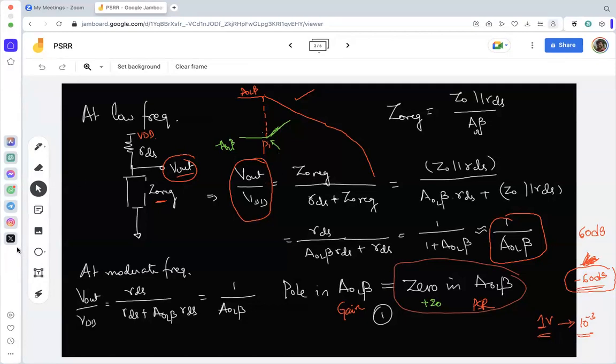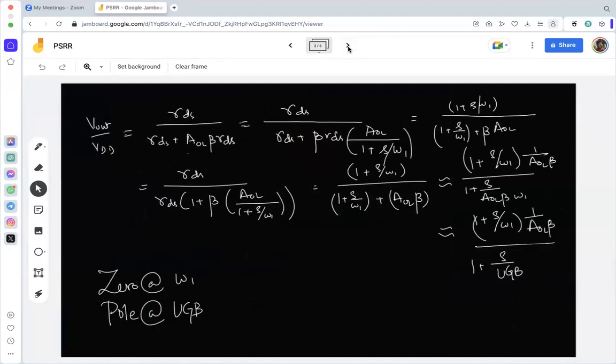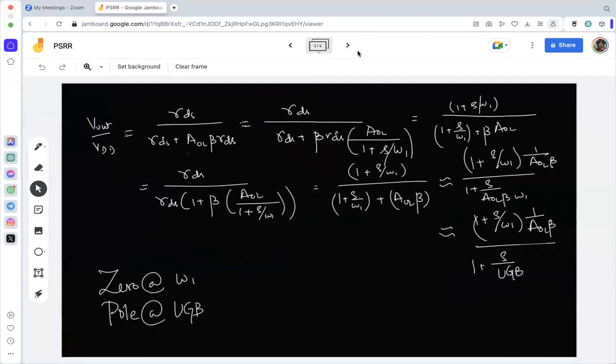Now, let's see. Let me capture this image, erase everything, and go to the next slide. Now, we had the expression Vout by VDD is equal to RDS by RDS plus AOL beta RDS. This is coming from the previous slide.